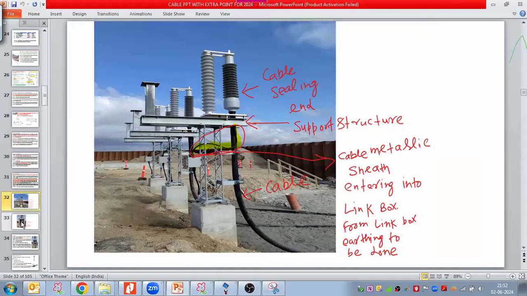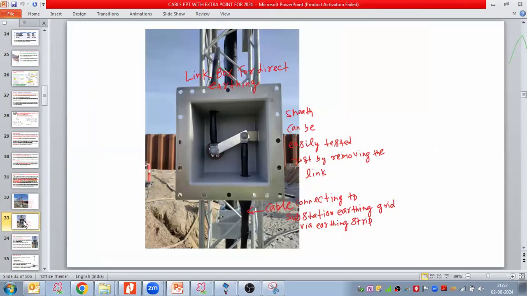Let us see some internal view of the link box. Now here I have taken the sheath, and this sheath is entering into the link box. This is just a link box, 500 by 500 mm, IP65 type. And this is a removable link.